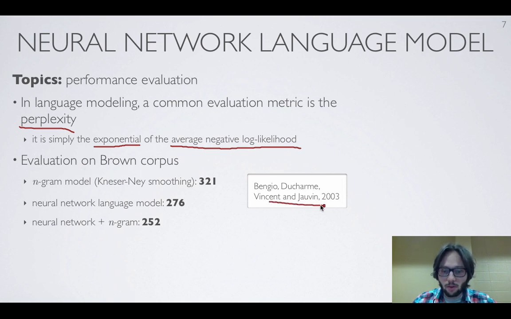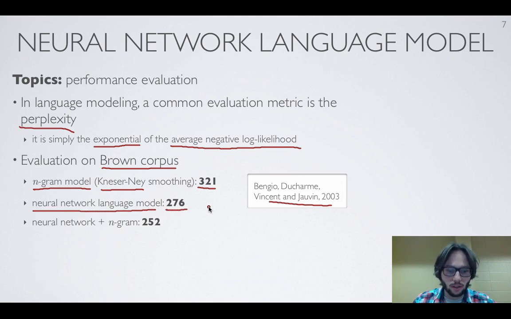And so in the experiments reported in that paper on the Brown corpus, which is a well-known data set for language modeling, if we take an n-gram model, which is smoothed using a state-of-the-art smoothing method known as Kneser-Ney, we get a perplexity of 321. And with the neural network language model, we get a much lower perplexity of 276.